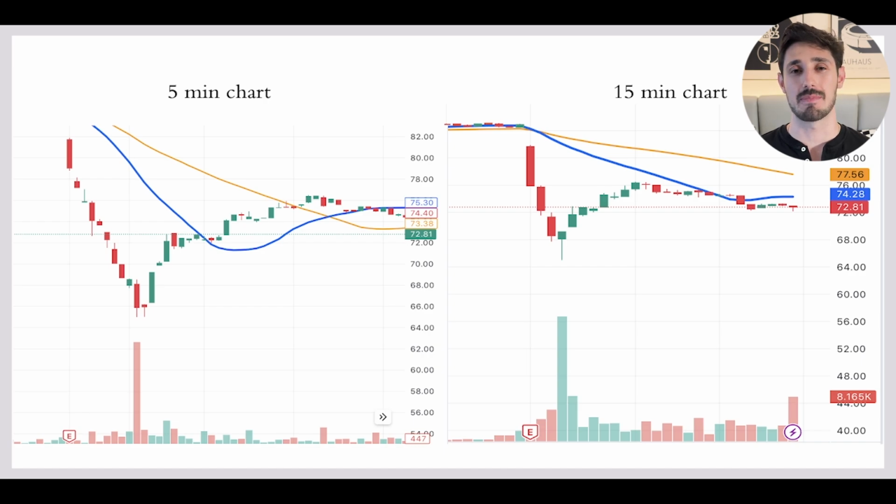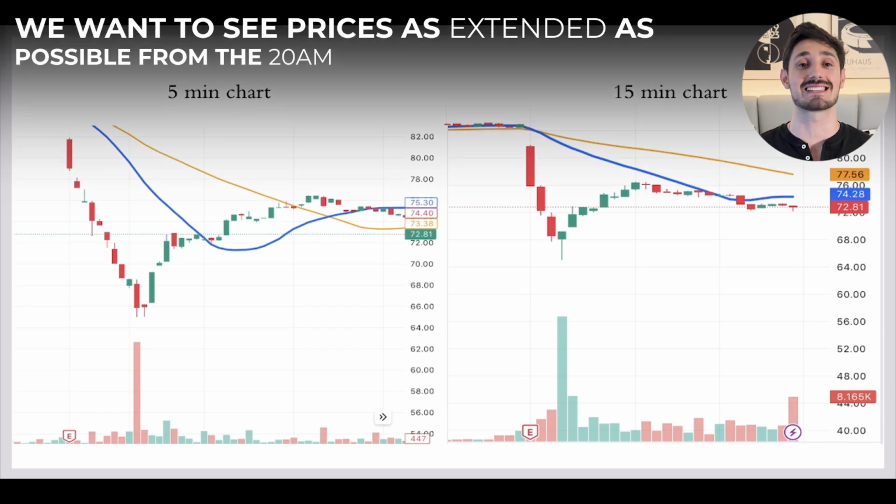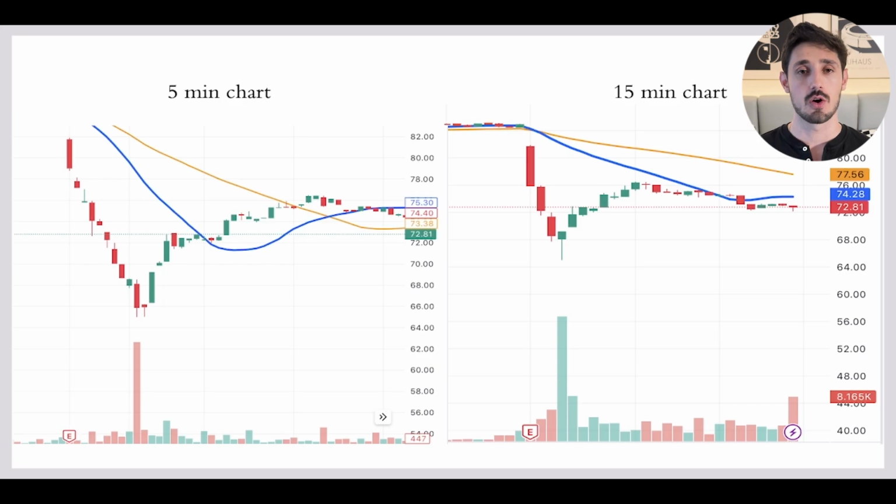We want to see either the buying or the selling becoming increasingly larger and larger. And with acceleration, we're going to get extension between price and the 20-period moving average. We want to see prices as extended as possible from the 20 MA. And if you combine that with a large volume spike either at the top or the bottom, that's going to give you that extra confirmation that the top or the bottom is in, and you can go for the reversal.